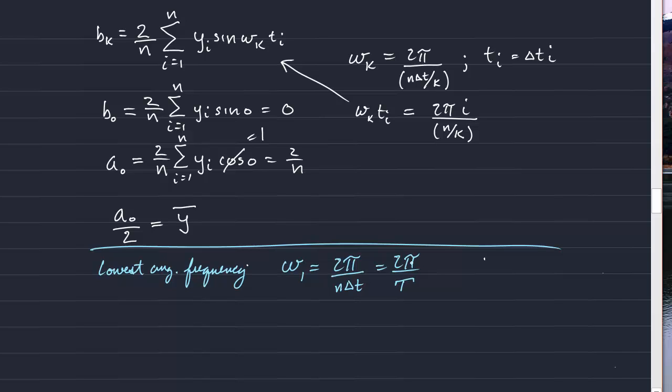It's the longest period that can be resolved by the record. And the highest angular frequency in this case is omega (n minus 1) over 2, and that's equal to 2 pi all over (n minus 1) times 2 delta t. And this is almost the Nyquist frequency.